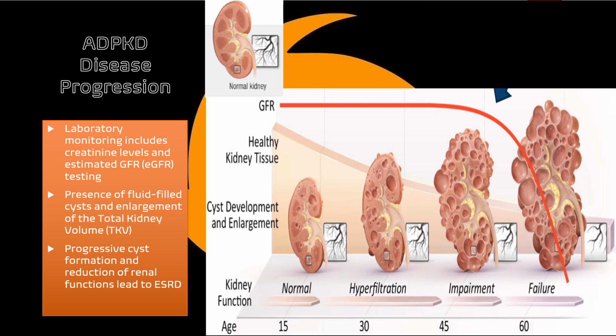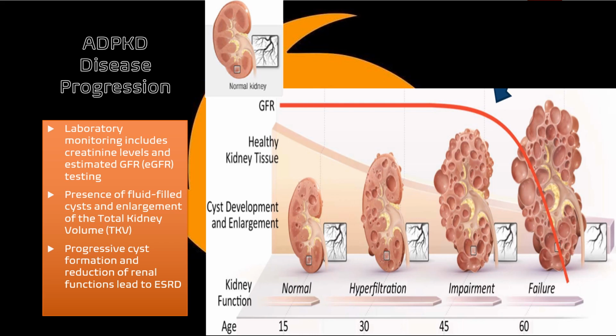But this schematic generally provides an overview relating to renal function, cyst development and enlargement, and almost a comparison between healthy renal tissue and GFR decline by age.